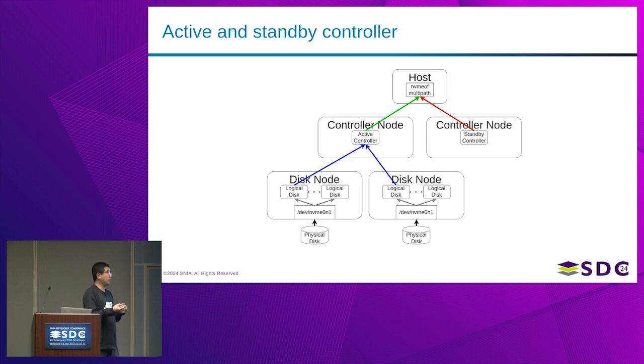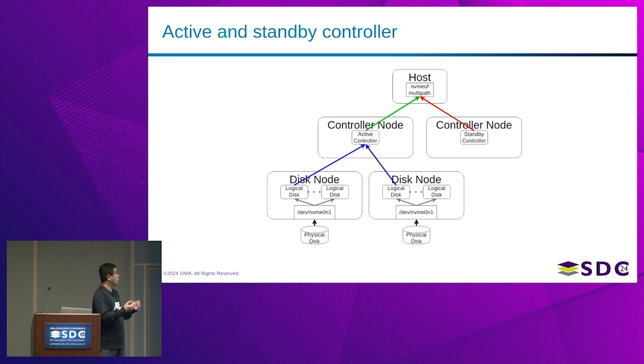The multipath is defined in the NVMe protocol, and the NVMe spec defines the different states of the multipath. One path, the green path, could be the optimized path. It means it's the preferred path.